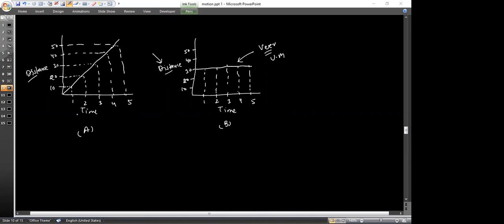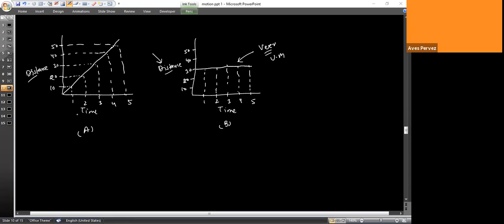It shows that within 5 minutes it did not move from its place. Graph A is uniform motion because the difference is equal as time moves on, with respect to time.